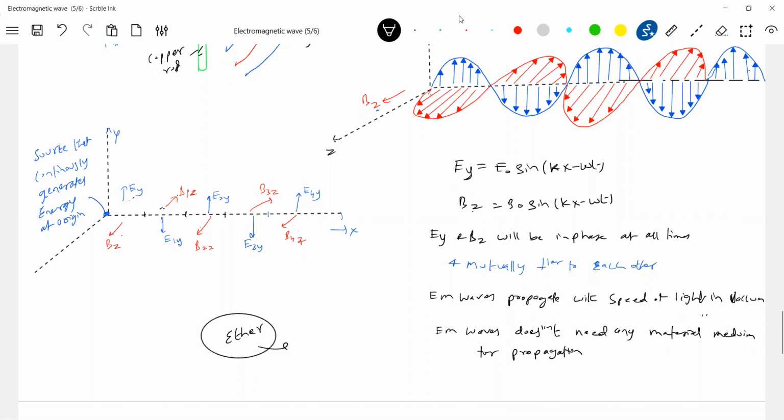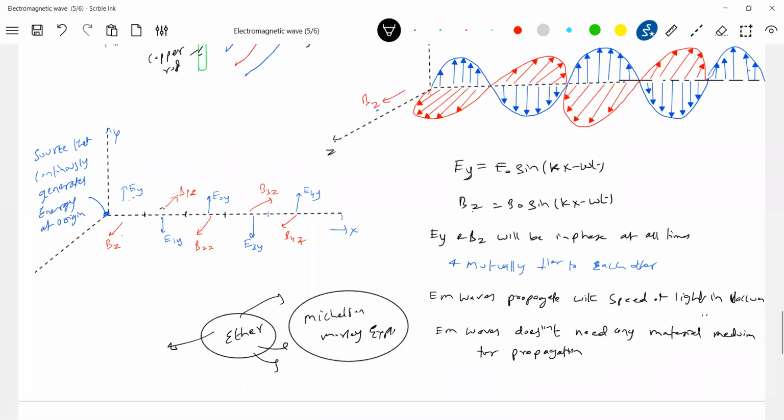Again, the experiments went on and finally, the Michelson-Morley experiment. Initially for almost 20 years they thought there must be something. Later, from the Michelson-Morley experiment, they concluded there is nothing called an ether, no material medium called the ether.